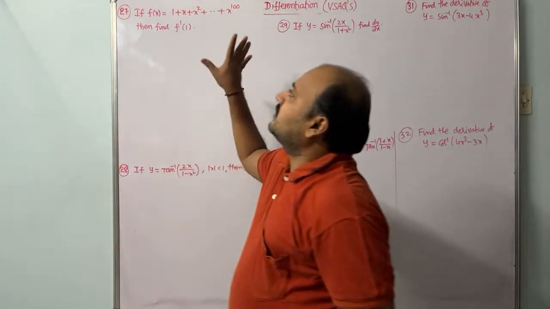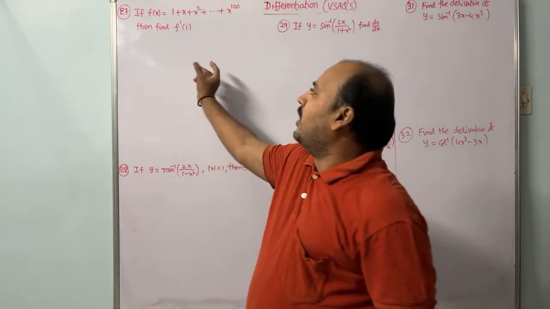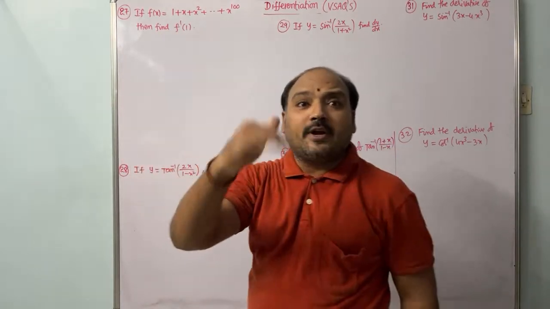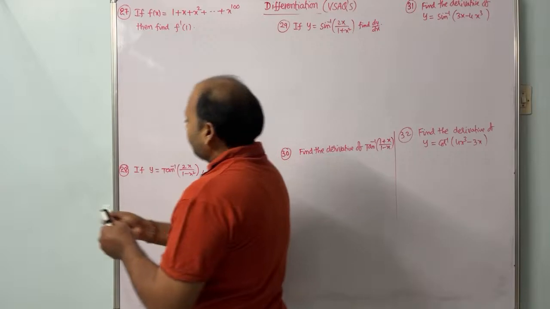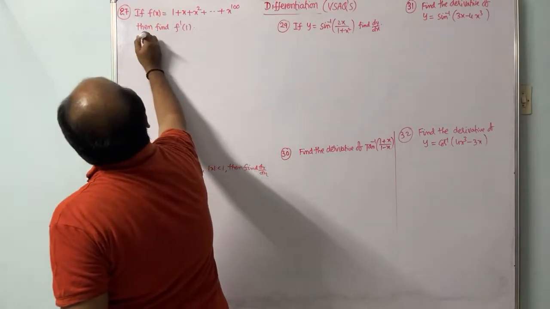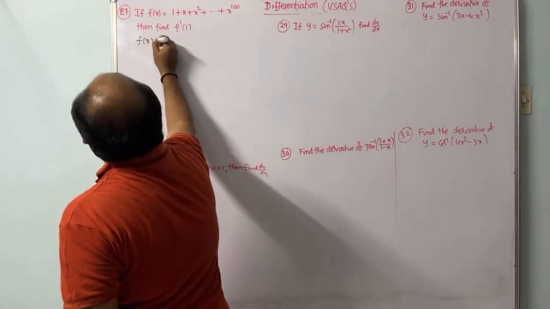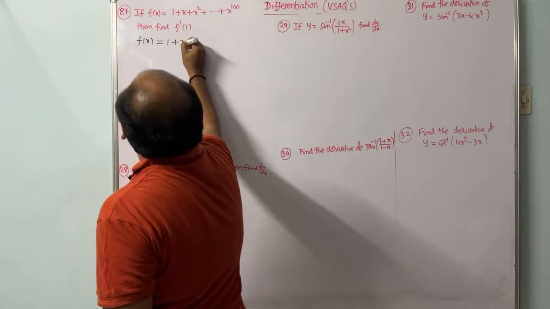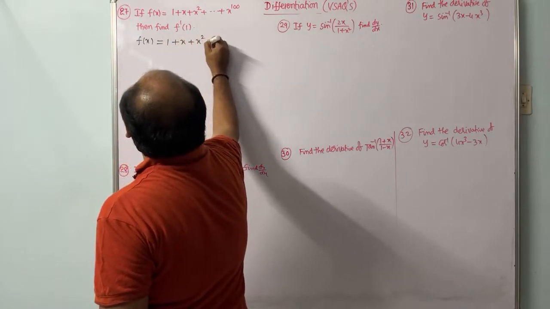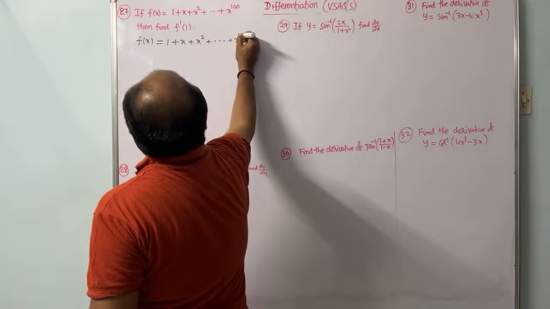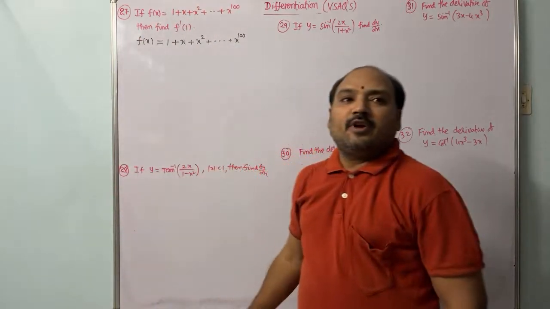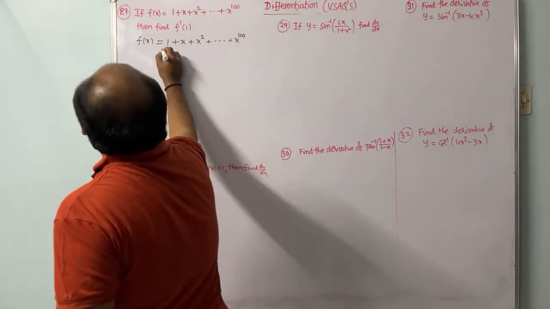So first, f of x is given. We have to calculate f dash of x to get f dash of 1. So f of x equal to 1 plus x square plus and so on x power 100. Differentiate with respect to x.